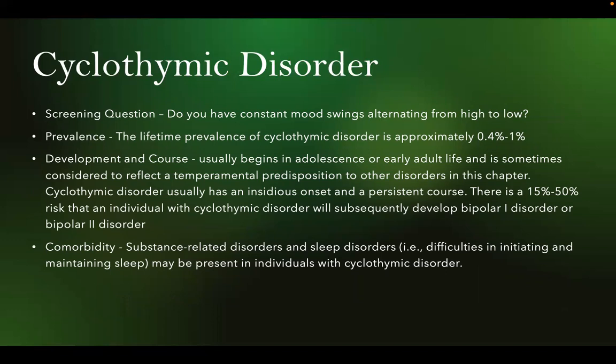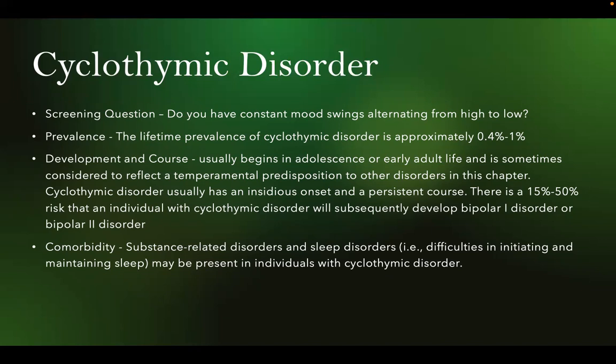In terms of prevalence, cyclothymic disorder is experienced in approximately 0.4 to 1% of the population. The symptoms usually begin in adolescence or early adult life and sometimes reflect a temperamental predisposition to other disorders in the bipolar and mood disorders section of the DSM.